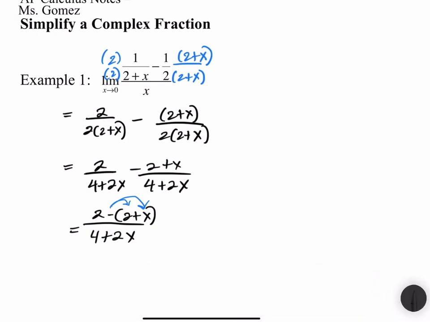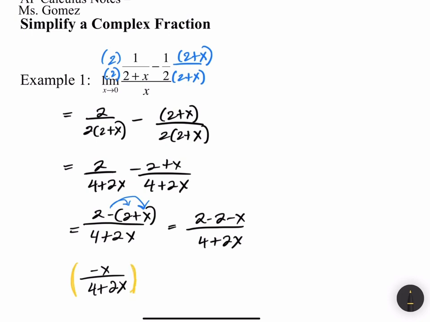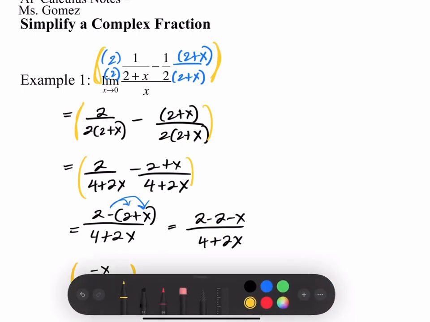So after distributing, we get 2 minus x, and I end up with negative x over 4 plus 2x, okay? Now, this is only the numerator. All of the math that we just did was only to combine the fractions in the numerator. I still haven't even touched the denominator.